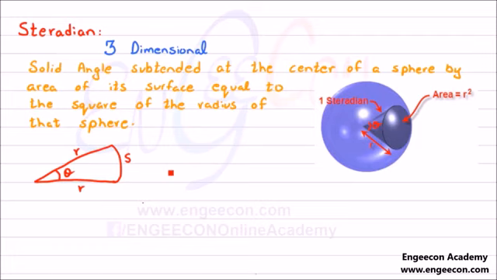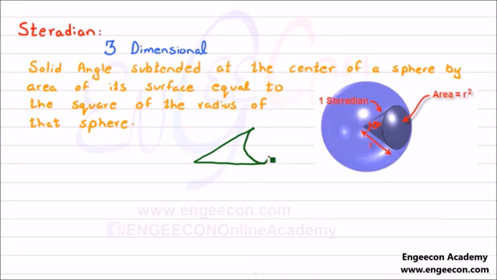Similarly, for steradian, we consider it as 3D. So let me draw this cone again here. If we consider this as the center of a sphere and this distance as r, the radius of the sphere, and if this area is equal to r square, then this angle is equal to 1 steradian.